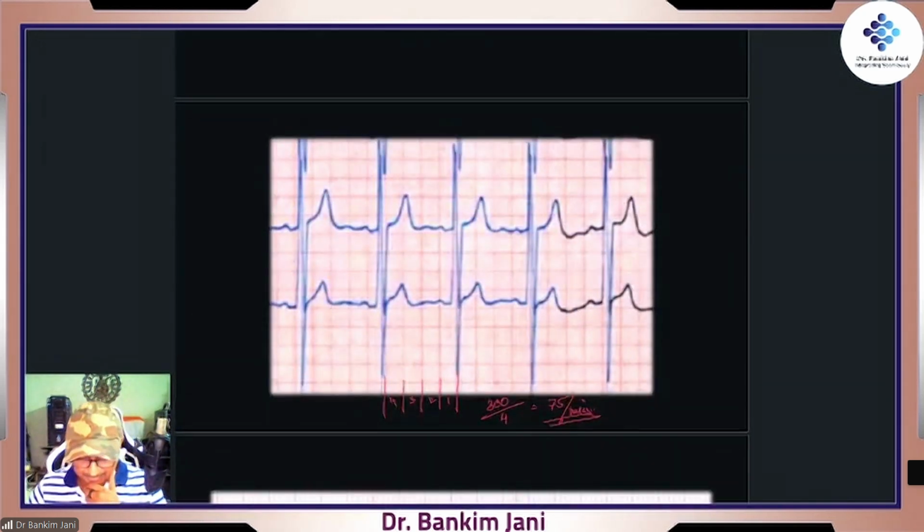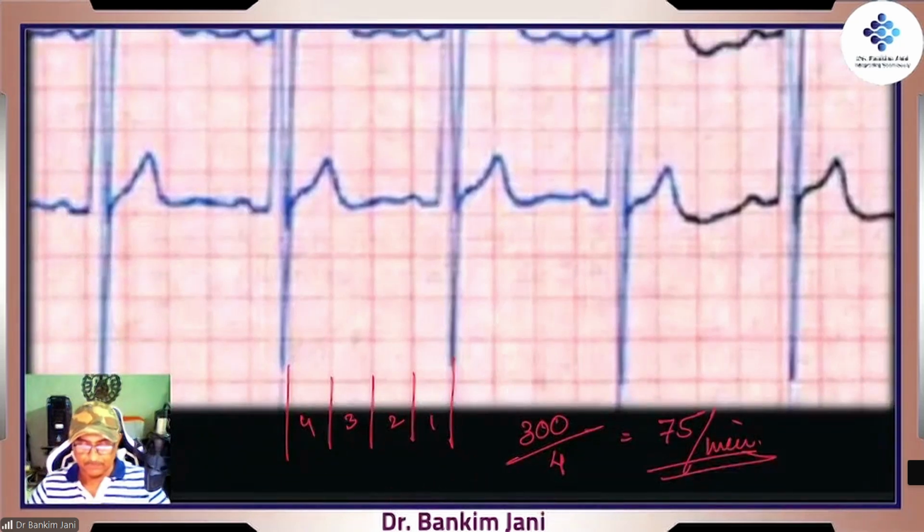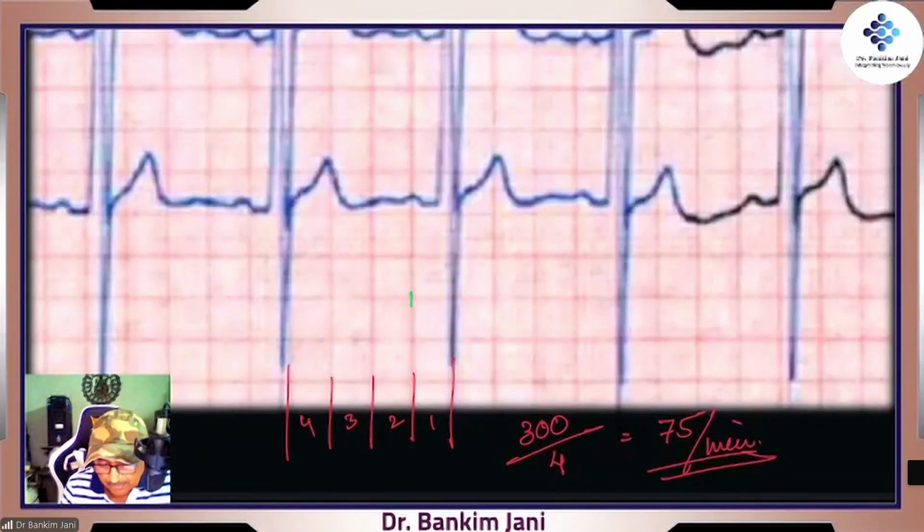Same example again. Now when we calculate, in this case it won't make much of a difference, but still, this is 1 plus 1 small box here, this one, and then there is 1 small box.